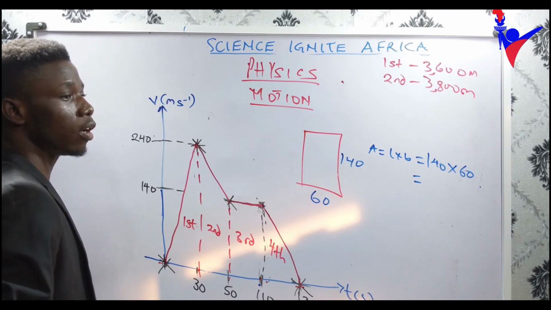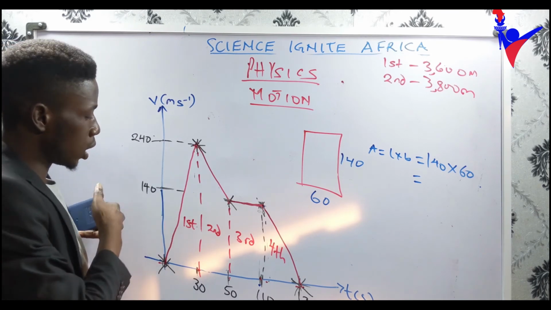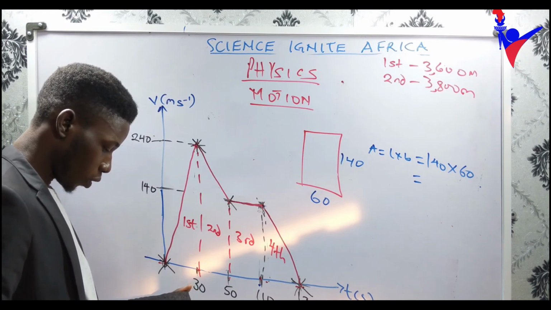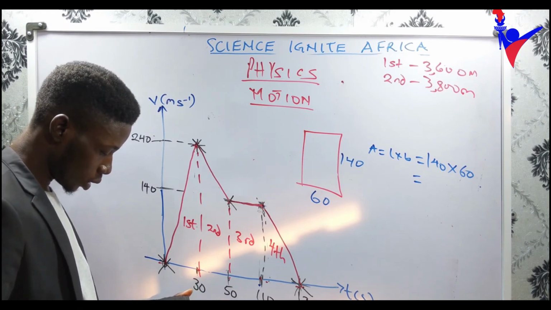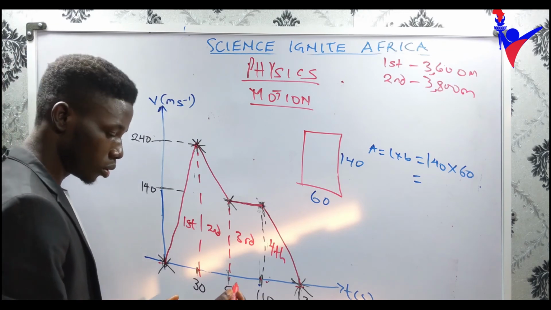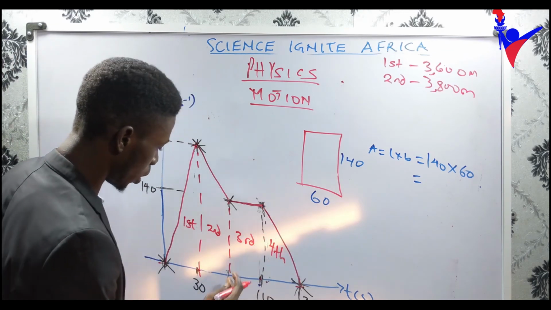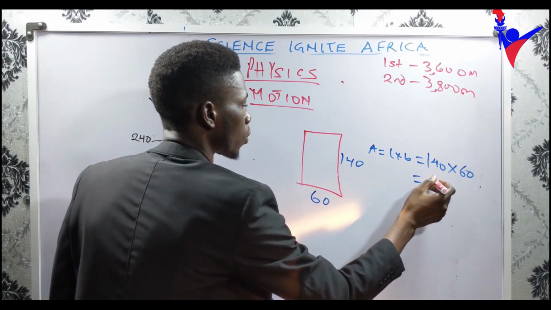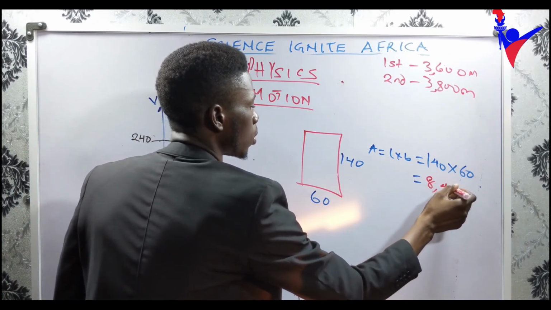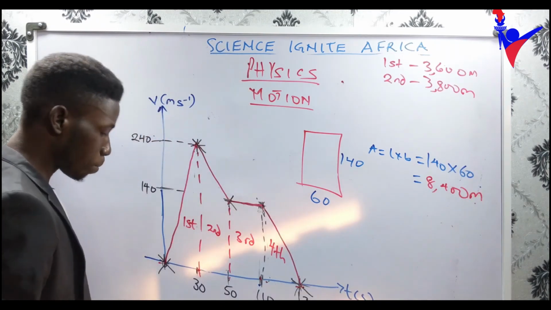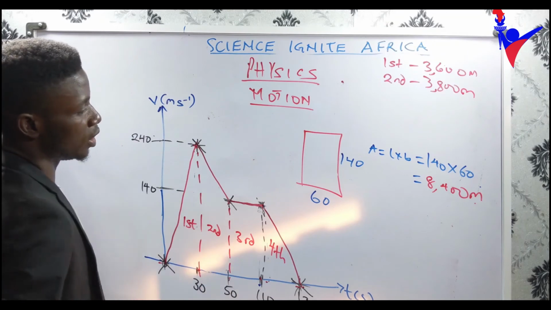If you compute 140 times 60, that will give us 8,400. So that will give us 8,400 meters. Now, that's the third stage of the motion.